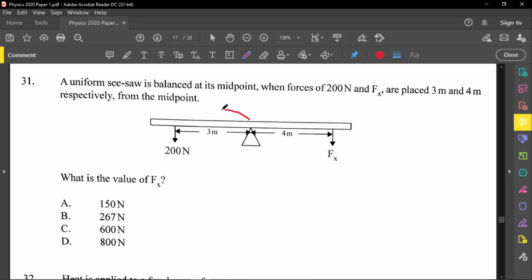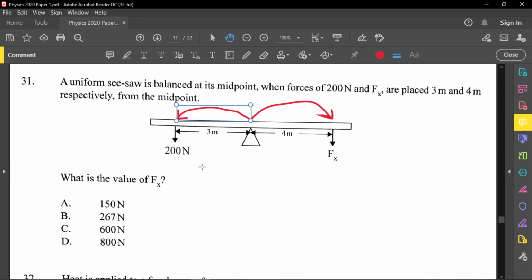So here this is going in this direction because of that force acting downwards. Okay, and this force here going downwards is going to cause a turning in this way. So here we have what they call a clockwise and anti-clockwise moment. Okay, and so what you need to remember is that the clockwise moment is equal to the anti-clockwise moment. So you need to know that. Okay, that's the law of moment.